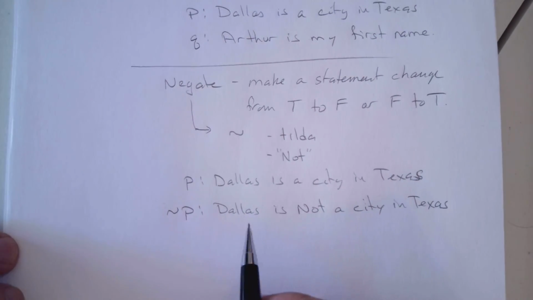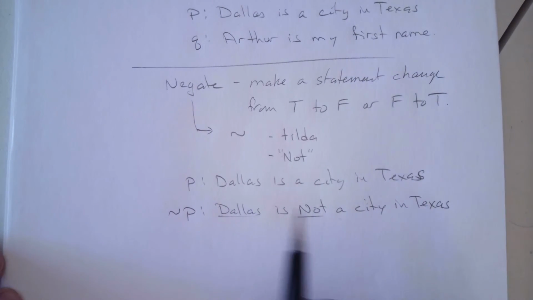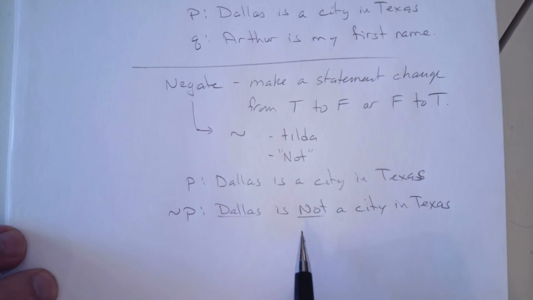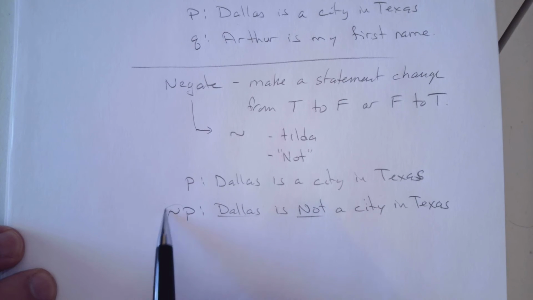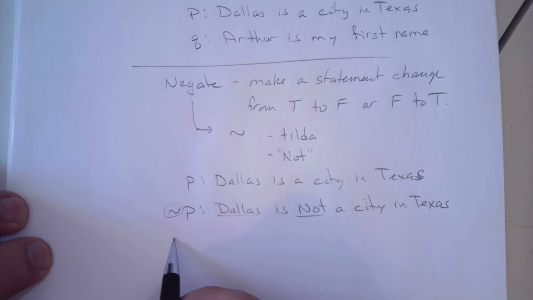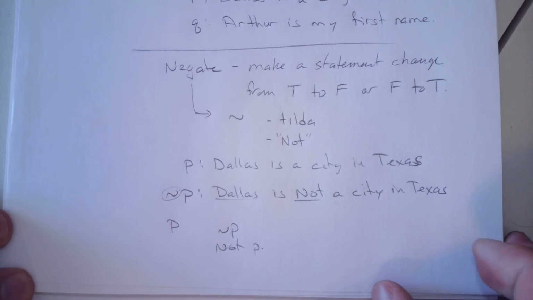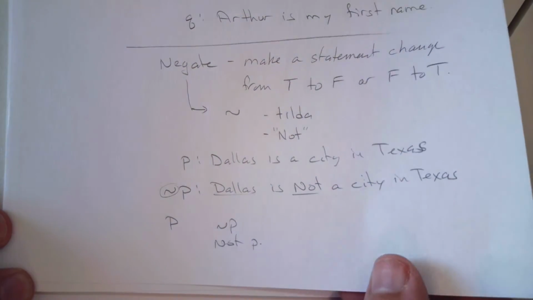So that's how we negate it. Is that a true statement or a false statement? It's a false statement because it's the negation of it. So this is statement P. This is statement not P.